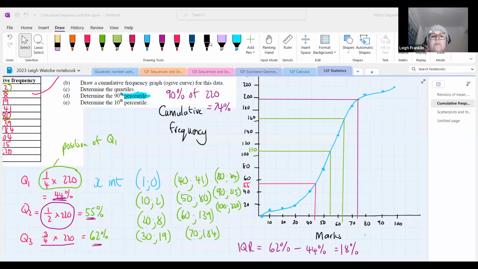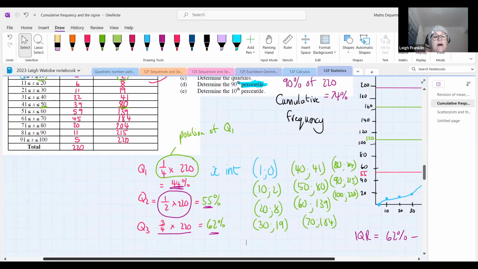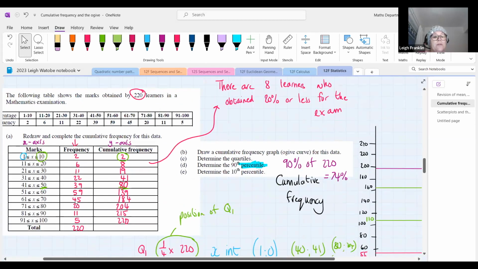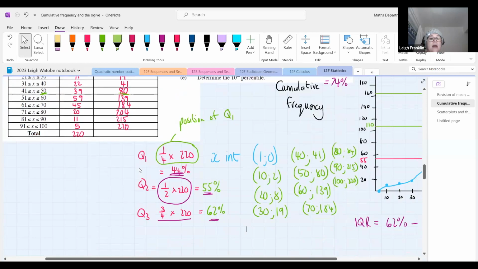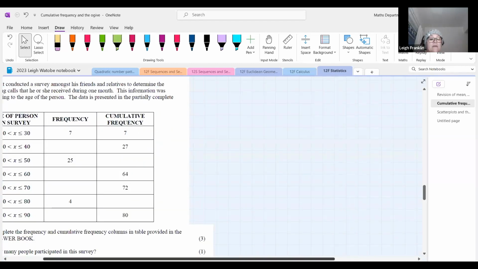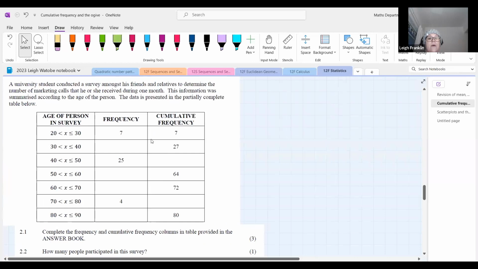Okay, let's just answer some of the questions here. Mamelo, it's either they give you frequency or cumulative frequency, or they give you frequency map. Yes. So what they could do, if they're being kind, is they would give you the frequency, and then you would have to do the cumulative frequency. The other thing that they can do is something like this, where they've filled in some of the frequency and some of the cumulative frequency, and you have to fill in the missing value.